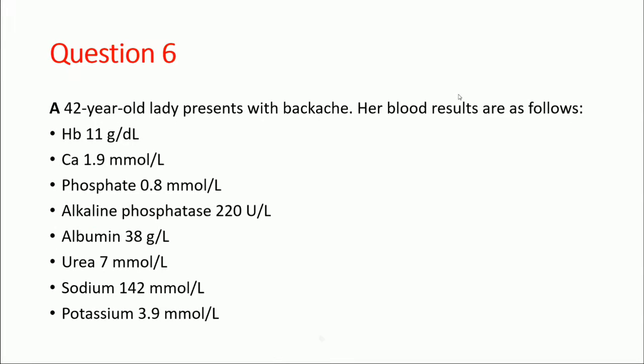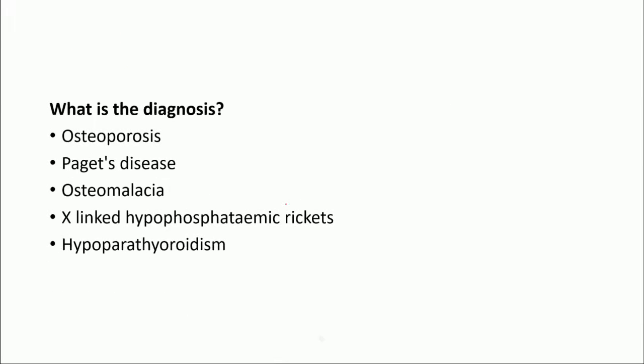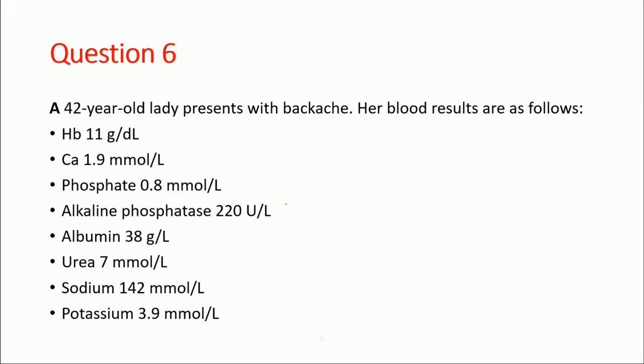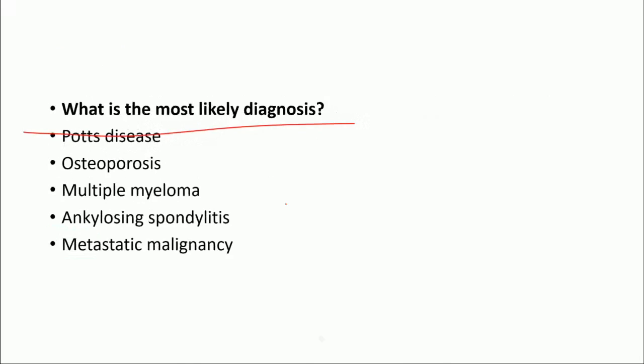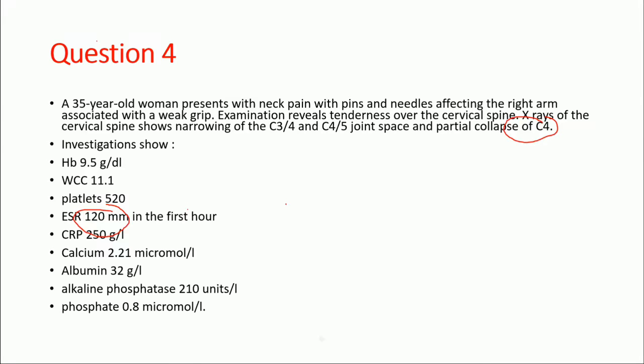Reference ranges are not given here, are they? In question 4, the alkaline phosphatase is raised, and there are vertebral bodies collapse. Myeloma with joint space narrowing?